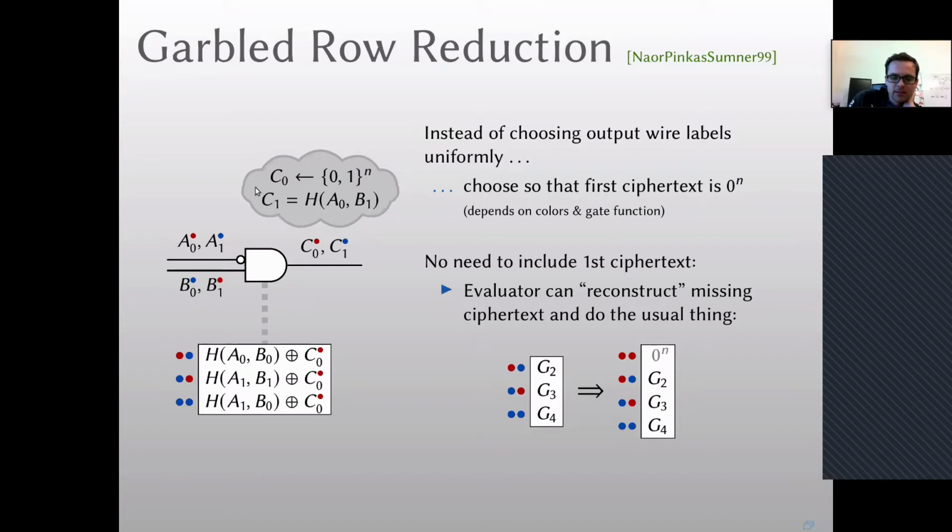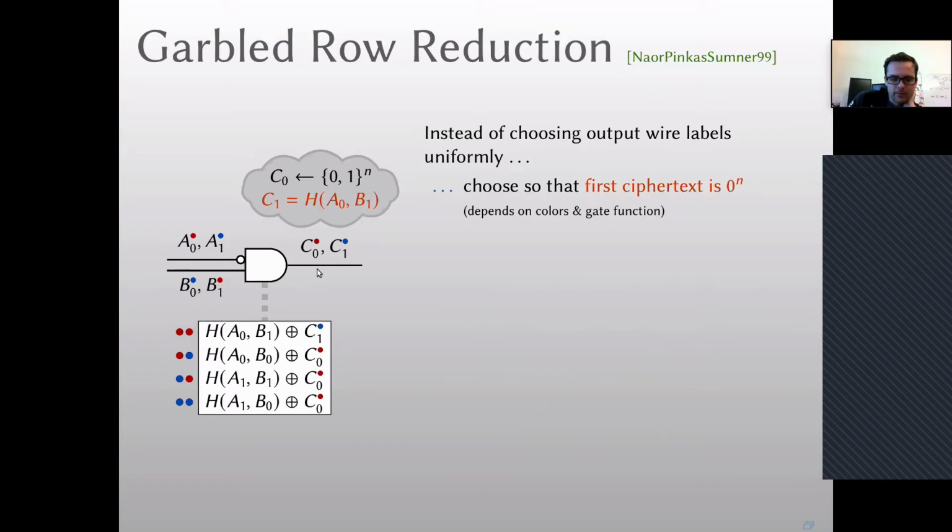You might ask, well, does it compromise security if I choose C1 in this way? So if you think about it, let's go back here. If the evaluator has A0 and B1, then he's supposed to learn C1. Okay, so this is fine.